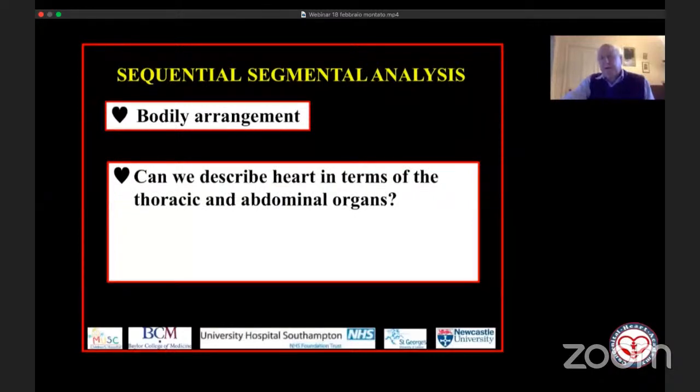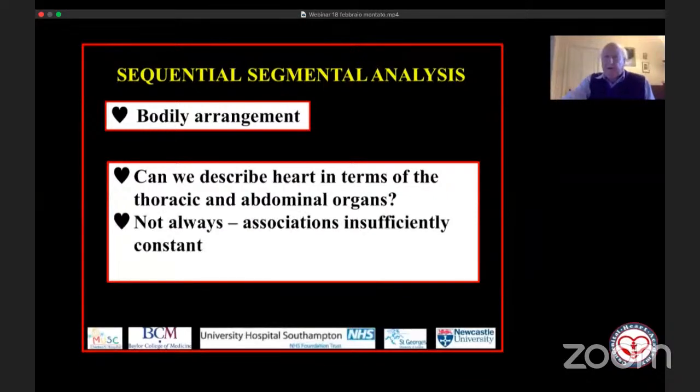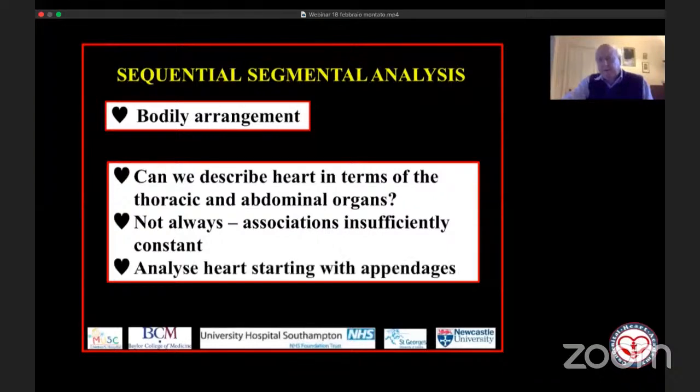And another potential difference between the systems was whether we could describe the heart in terms of the thoracic and abdominal organs. And that is usually the case, but it's not always the case because the associations are insufficiently constant. So we were not entirely happy to talk about the heart in terms of the spleen, which was the concept when we first began.